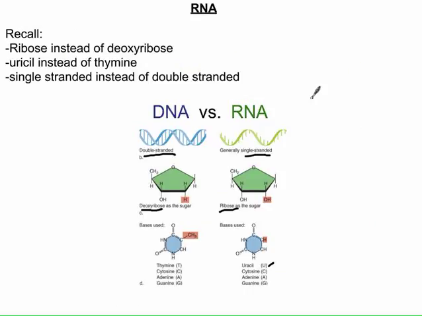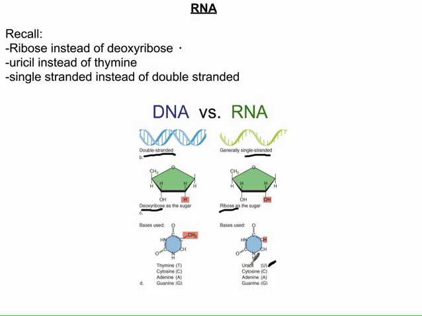So back to some differences between DNA and RNA. I talked about the sugar. RNA uses ribose instead of deoxyribose. The sugars are just very slightly different, but because they're different, they have different names. The second difference is that RNA will use uracil in place of thymine. There is no thymine in RNA, but uracil is used instead.